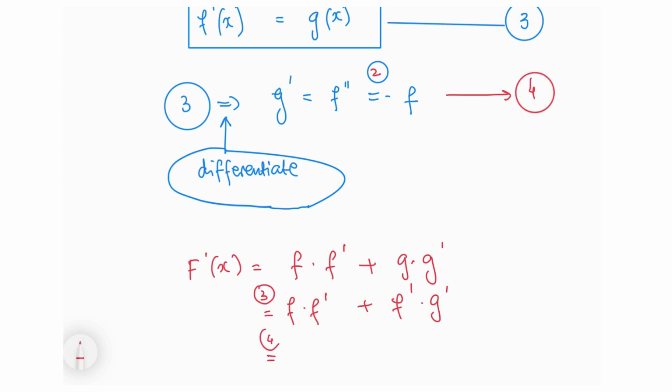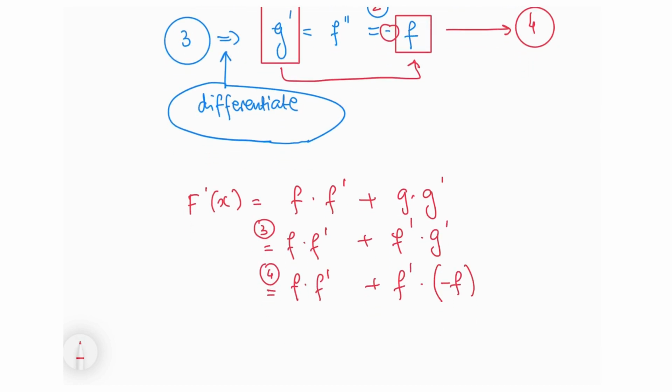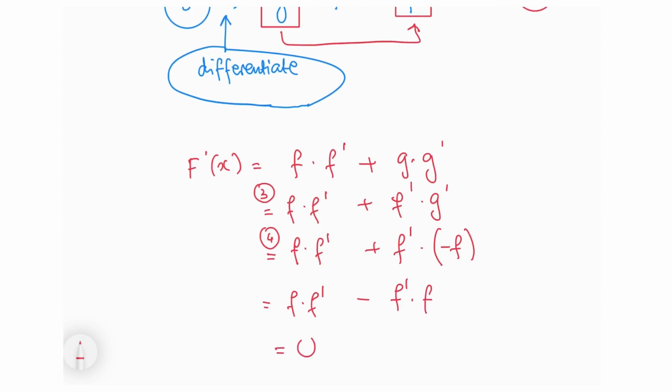So according to 4, f times f prime plus f prime times, you can see here g prime is minus f. That means f times f prime minus f prime f, and that is thoroughly 0.